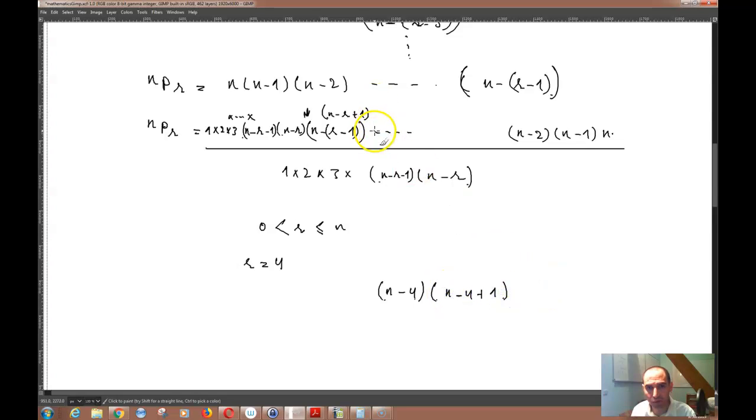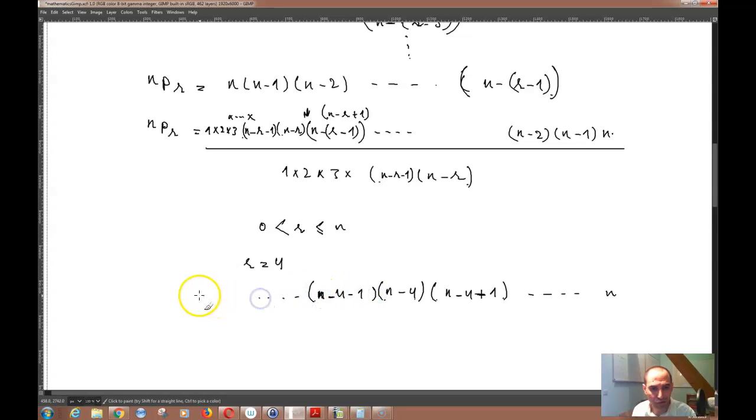And then all of these terms go all the way up to n over here. And of course you have those two, but that we have already understood. And that is, for example, this thing over here is n minus 4 minus 1, and this is plus 1.